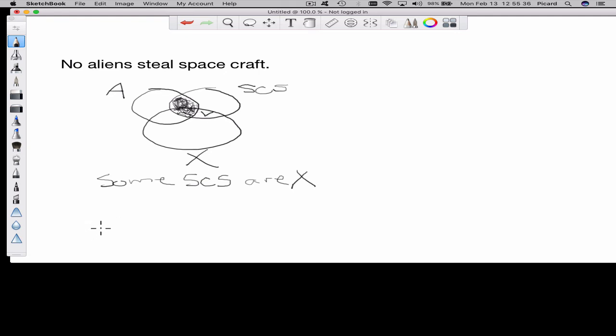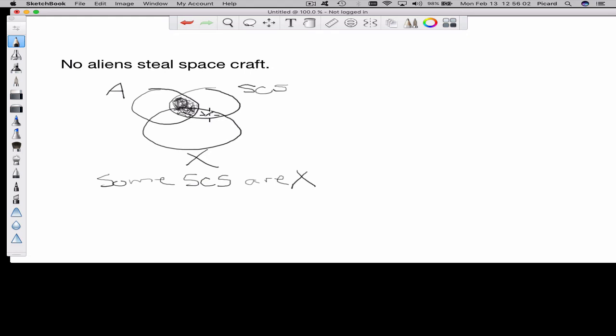There's no other place for an SCS to be an X at the same time, because the other part over here is all filled in. So the some SCSs are X has to be right there. And that tells you that there is at least one spacecraft stealer and at least one person getting X-rays that isn't an alien. This person right here is outside of the alien circle.